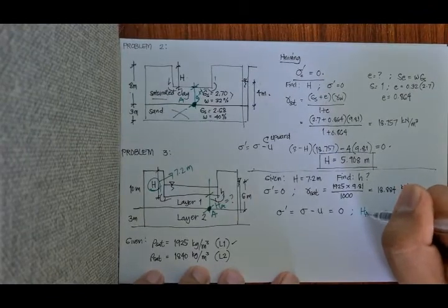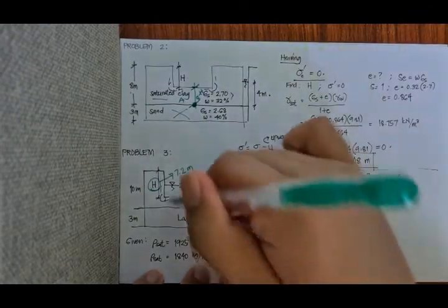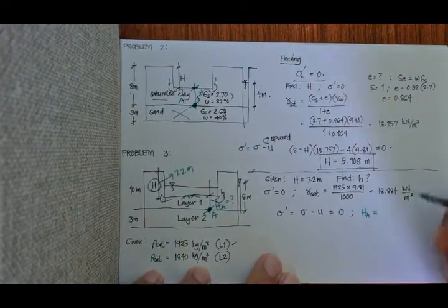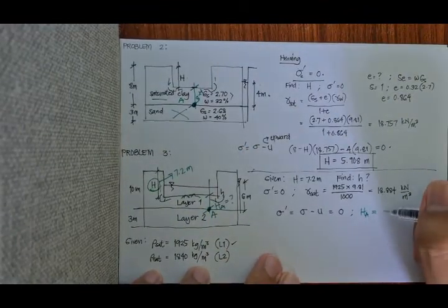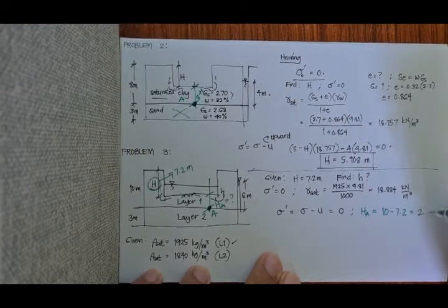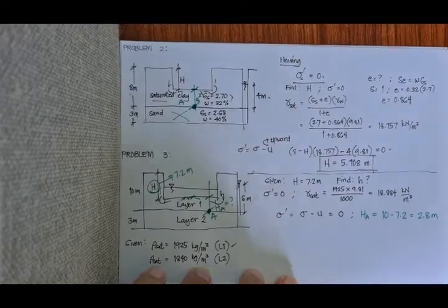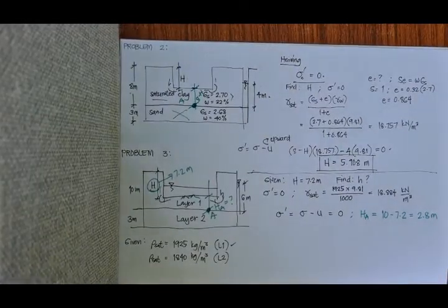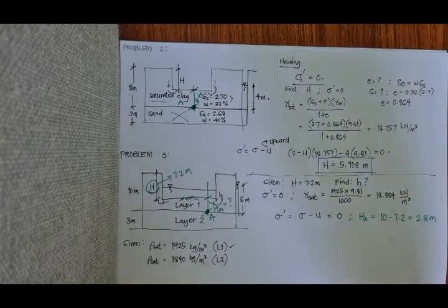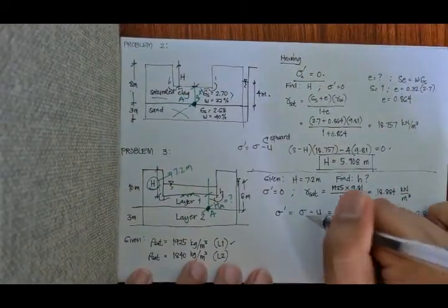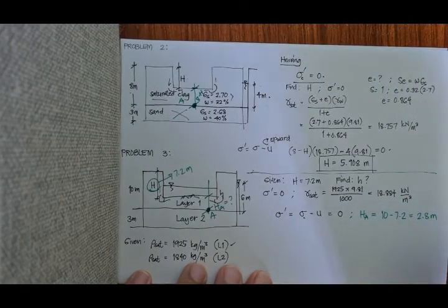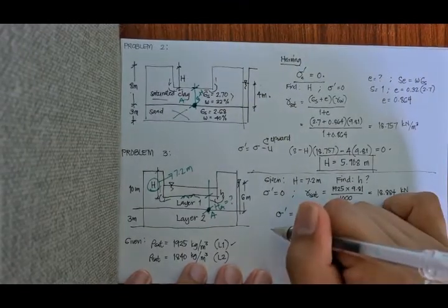Yung height at point A, hanggang doon sa bottom portion ng clay layer natin, we can say that is equal to 10 minus 7.2, or equal to 2.8 meters. Now, if meron tayong height at A, pwede nating i-consider yung total stress.